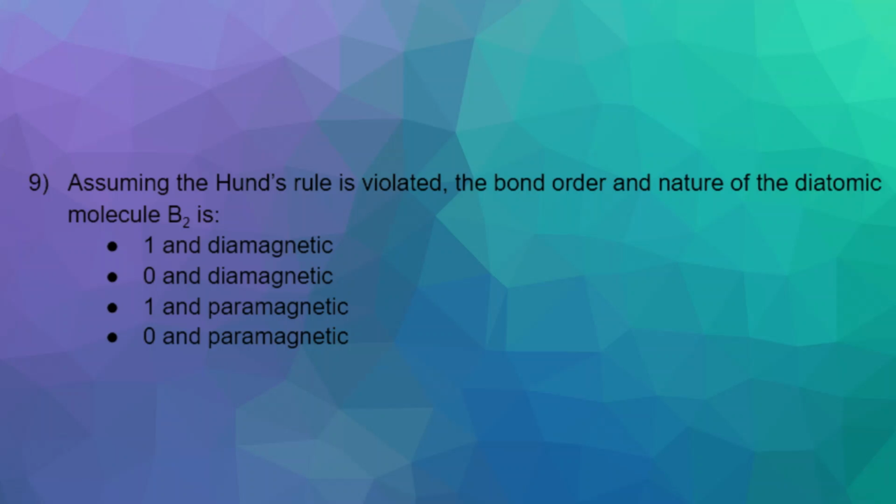The bond order and magnetic nature of the diatomic molecule B2 is. Okay, so what can we do for that question? How can we begin? See, B2 means how many electrons?